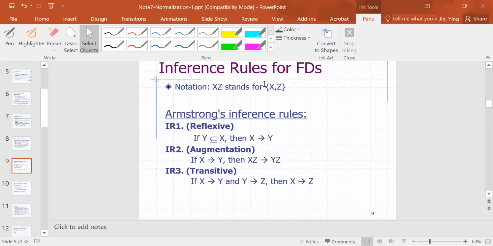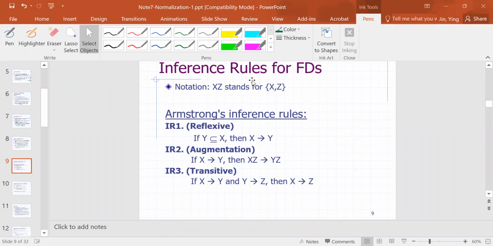First, a notation to simplify things. When I say XZ, it means the set of attributes of X and the set of attributes of Z together. X can be a set of attributes, Z can be a set of attributes, and XZ basically means we mingle all the attributes together into one set.